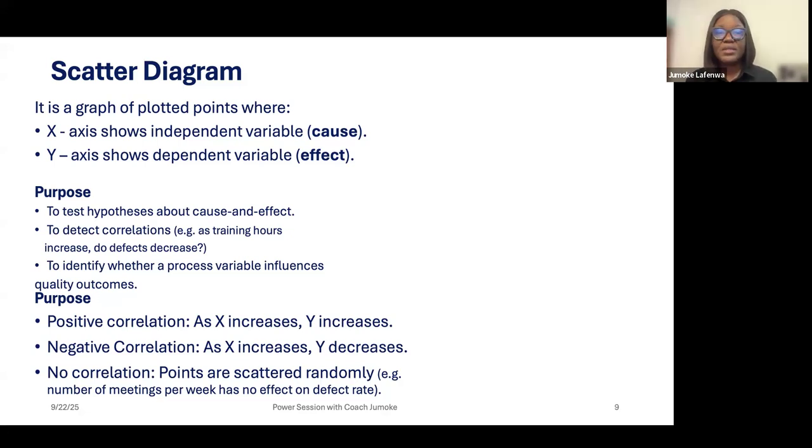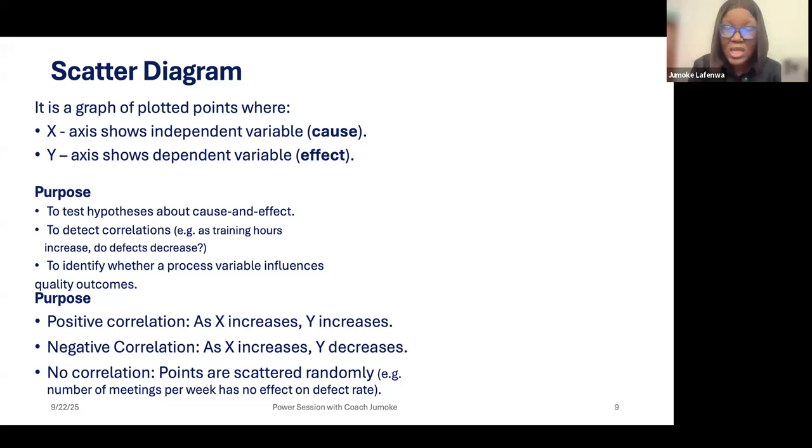And now no correlation means whatever you do, the effect is independent of the course. It's like the extra hour of training you are giving the students is not having any impact.